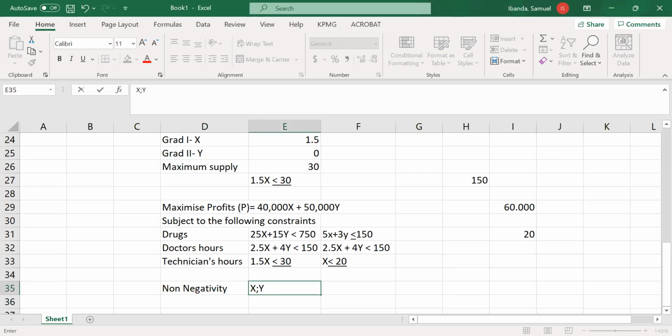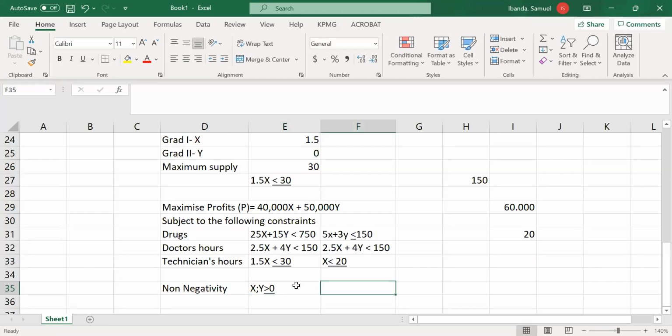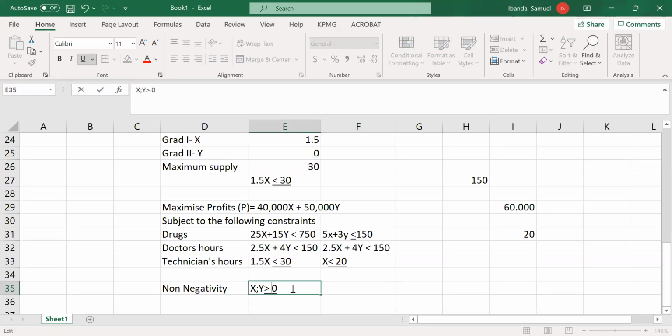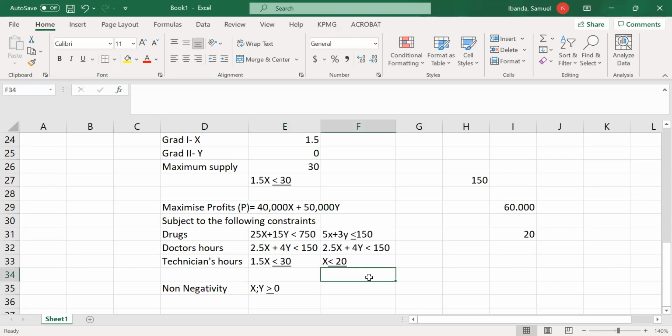So we should never have anything like a negative patient, because these are humans, so it cannot be negative. So this is one of the other constraints that we're looking at, okay? So X and Y should be greater or equal to 0. So this is the function we have.